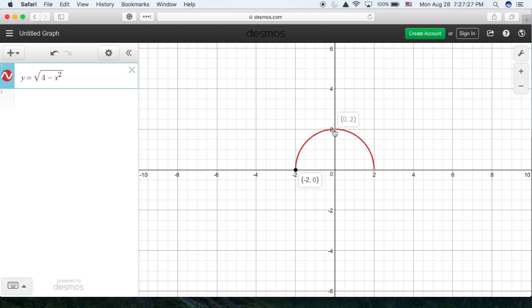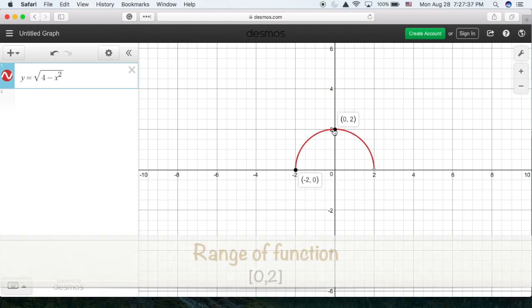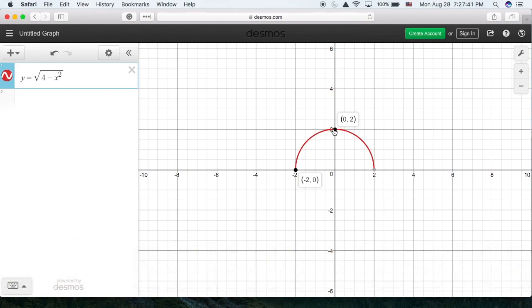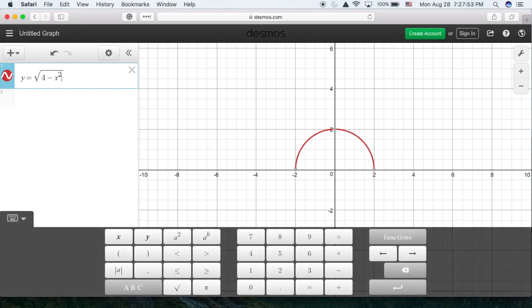We actually hit 0 there. We actually hit 2 there. So the range here would be 0 to 2 inclusive. That's going to be the closed square brackets rather than the open parentheses in interval notation. So the range of a function is certainly one application of using the graph to find something.